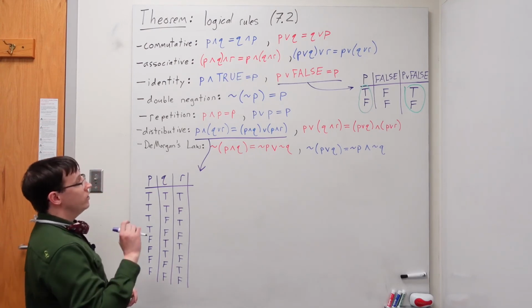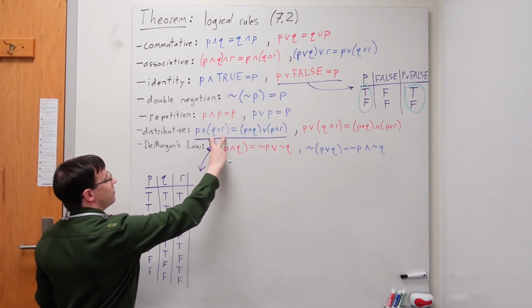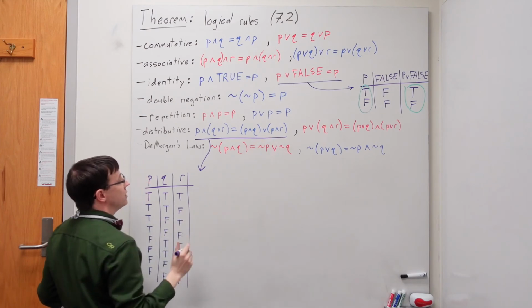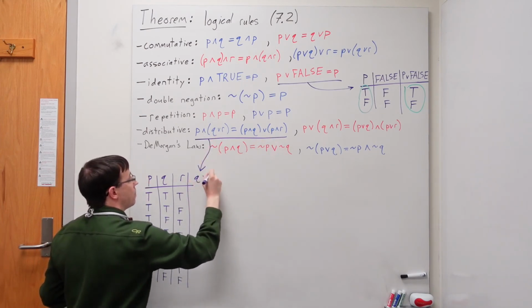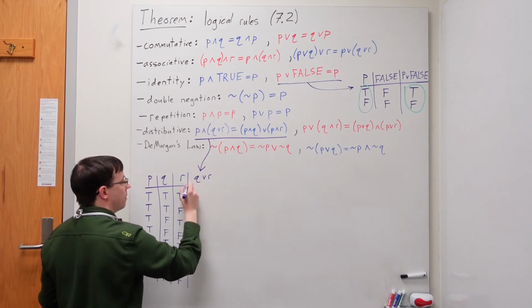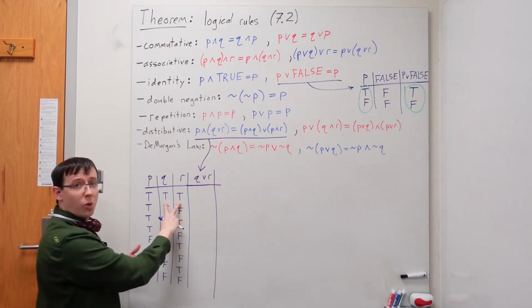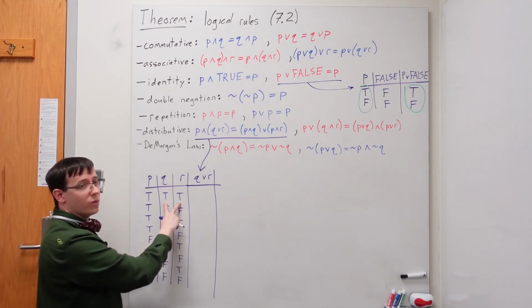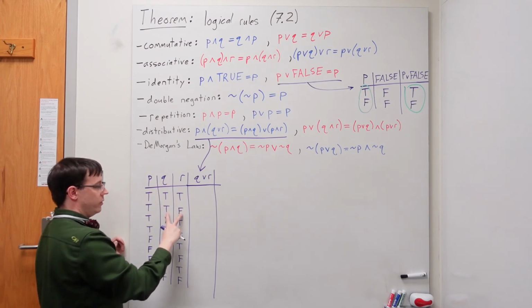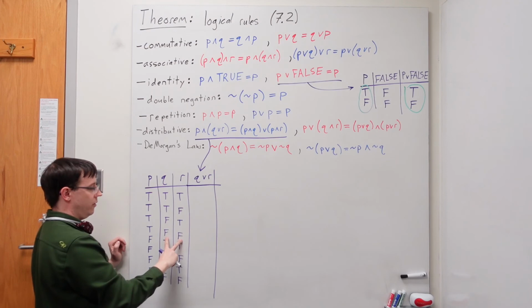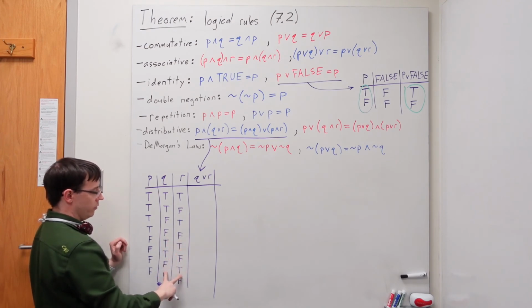So now we should figure out some of these sub-expressions. So Q or R will definitely be helpful. The OR of Q and R will be true in all of the rows except for the ones where both of these are false. So we have true, true, true, false, true, true, true, false.